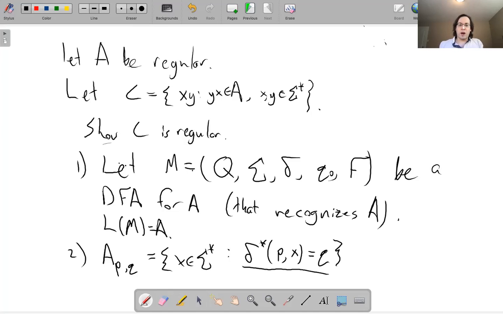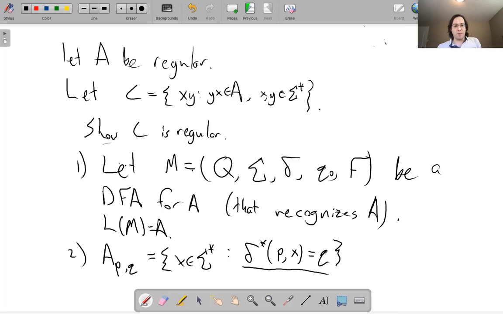It tells us where we would go from state P after reading all the symbols in the string X. We're applying delta multiple times, one per symbol in X. So the condition delta star of P, X equals Q says that if we start from state P in the machine M and read the string X, then we get to state Q.